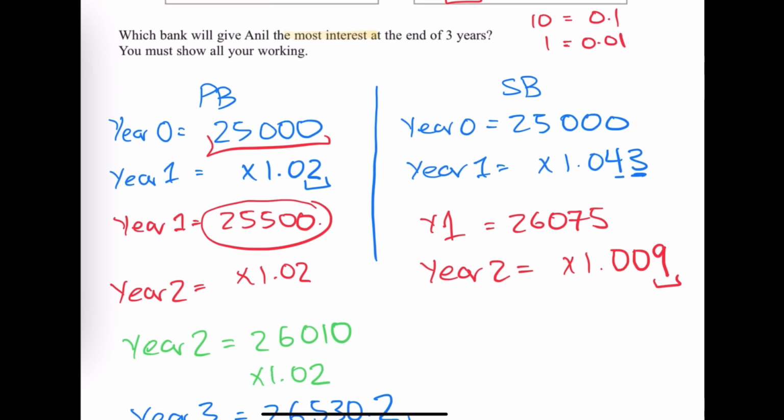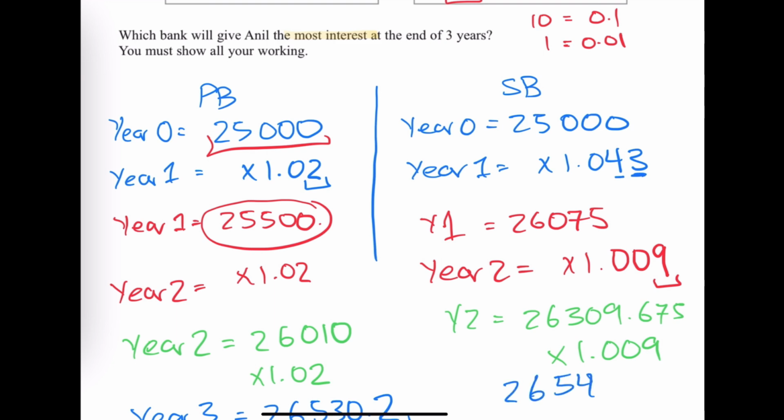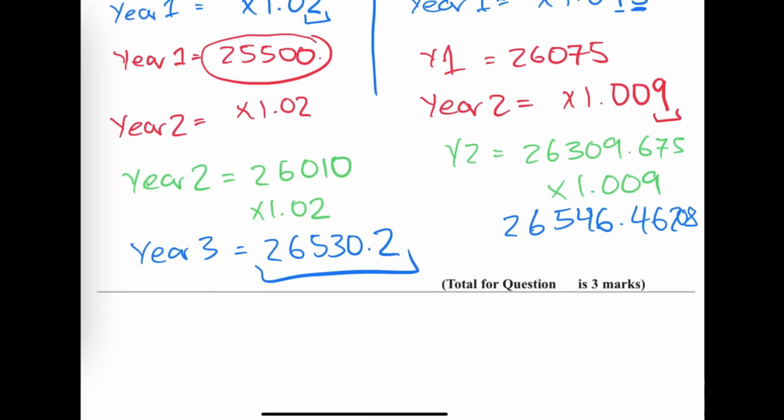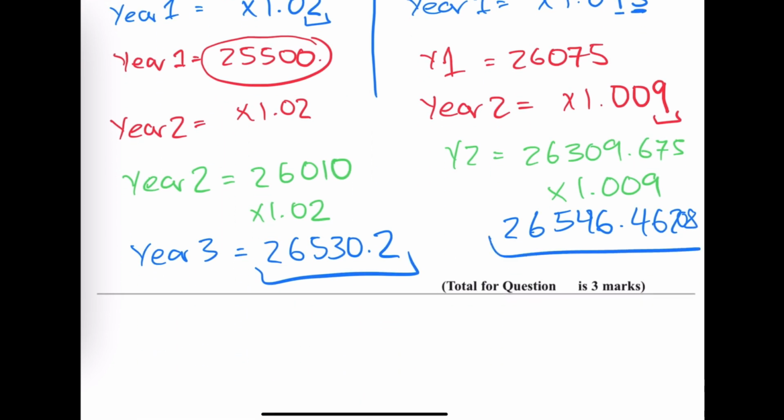So if we times that by 1.009, at the end of year 2, we are going to get 26309.675. Now we times that again by 1.009, and we are going to get 26546.46208.